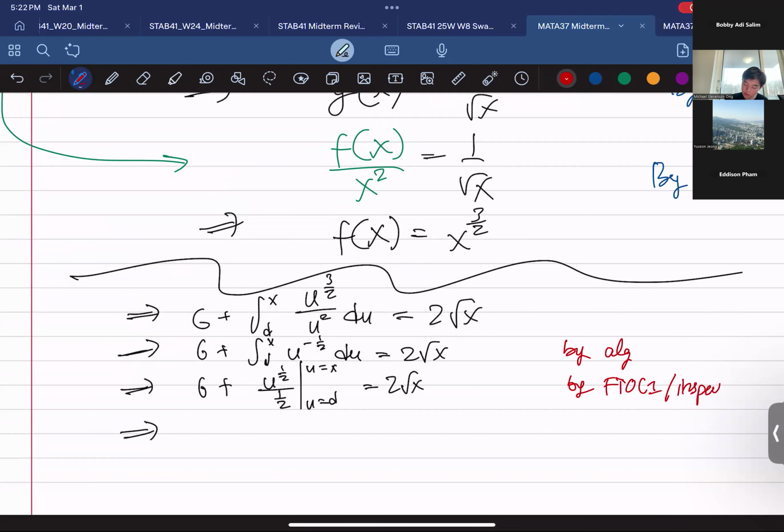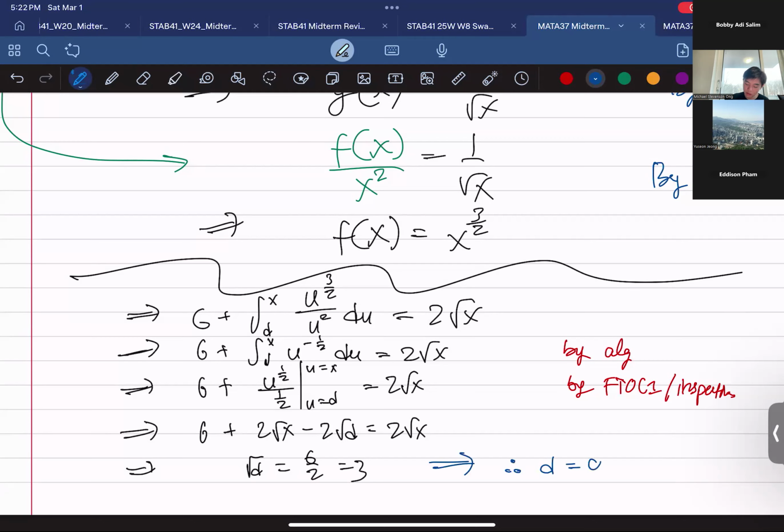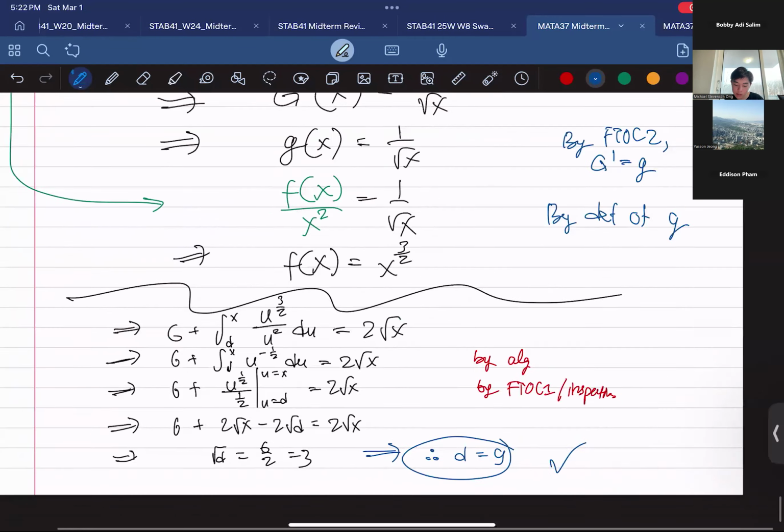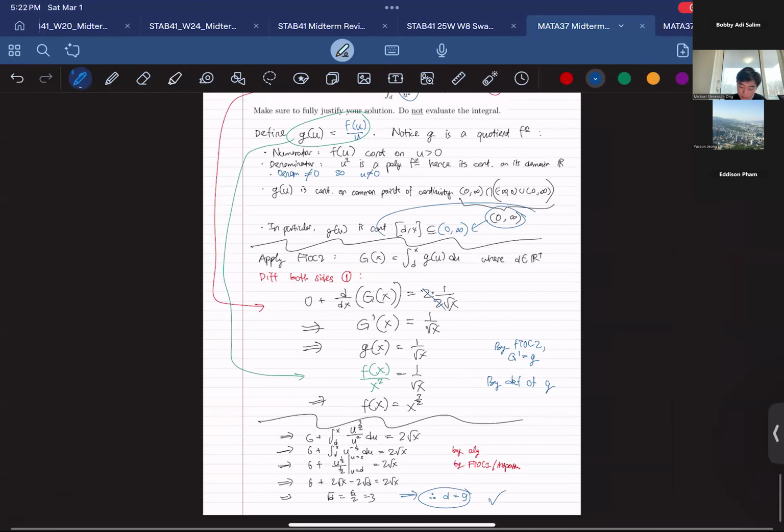I forgot how you should say that thing. What comes next is the final simplified version. After switching things over, I found out that my square root of d is 6 over 2, or 3. Therefore, my d is 9. And that is a good answer because 9 is a positive value and it doesn't violate the restriction that we put at the beginning.